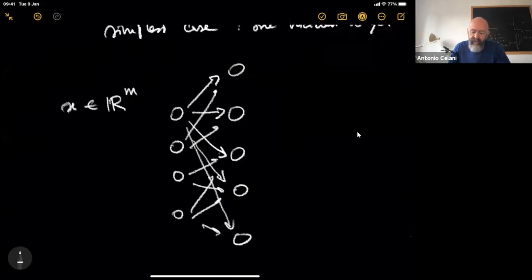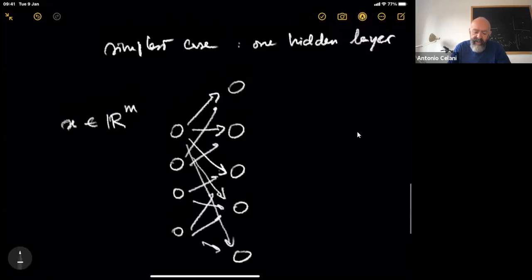So what do I mean by graphically describing this object? That there are some operations that are done here which convert this input into some output in each of these nodes.